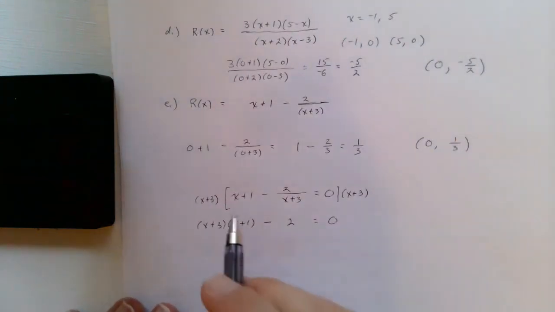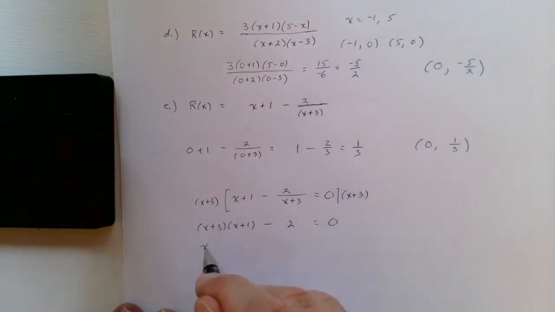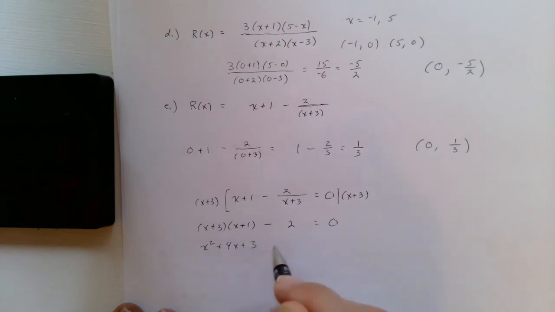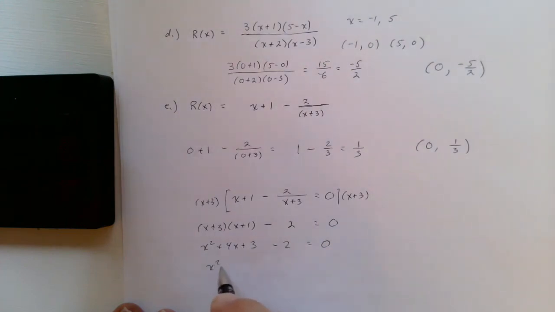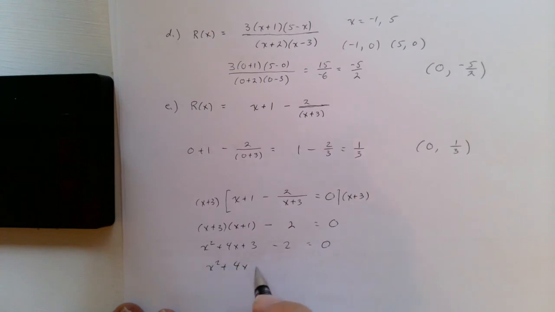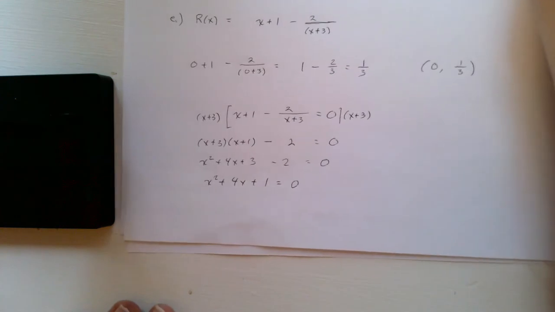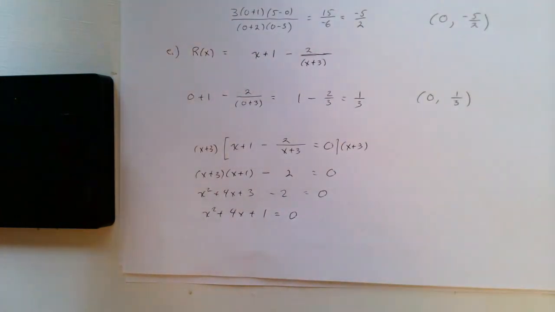If we multiply this out, we get x squared plus 4x plus 3 minus 2 equals 0. And so x squared plus 4x plus 1 is 0. Now, this is a quadratic equation.